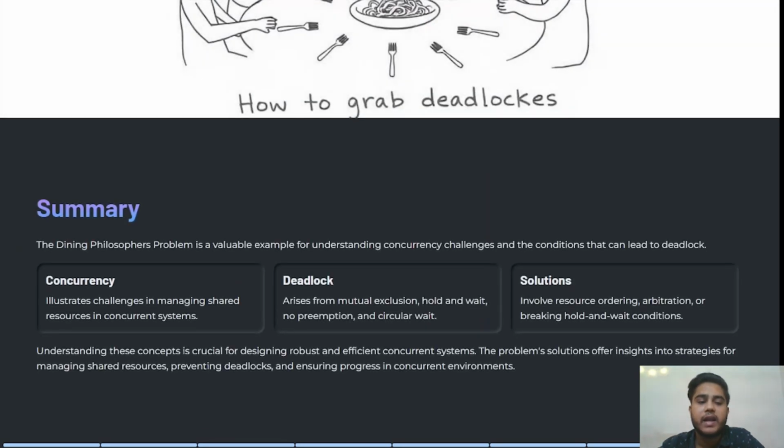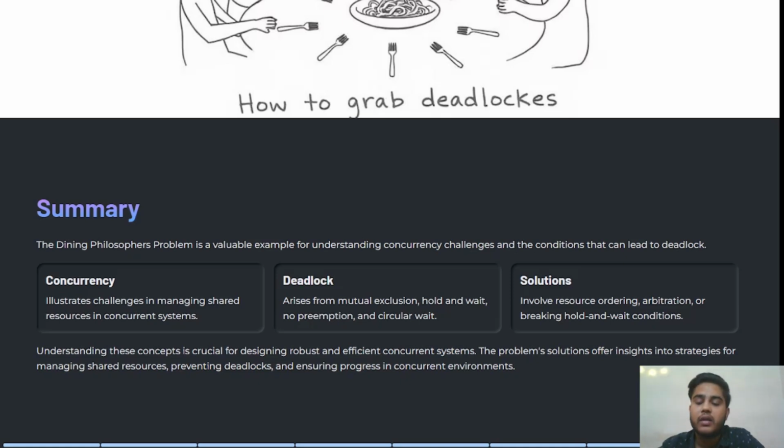Summary: the dining philosophers problem is a valuable example for understanding concurrency challenges and the conditions that can lead to deadlock. It illustrates challenges in managing shared resources in concurrent systems. Deadlock arises from mutual exclusion, hold and wait, no preemption, and circular wait.